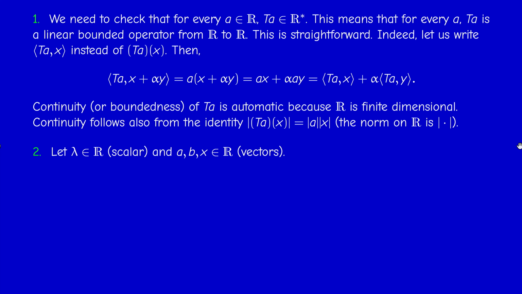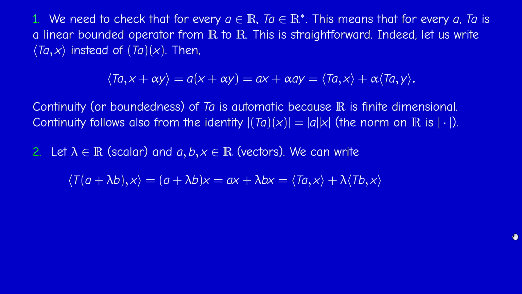Okay, now we check linearity in A. Okay, so I take a scalar lambda and two vectors A and B in R and an element X in R. Okay, so let us evaluate T of A plus lambda B at the point X. So by definition, this is A plus lambda B times X, and I split it into two parts.